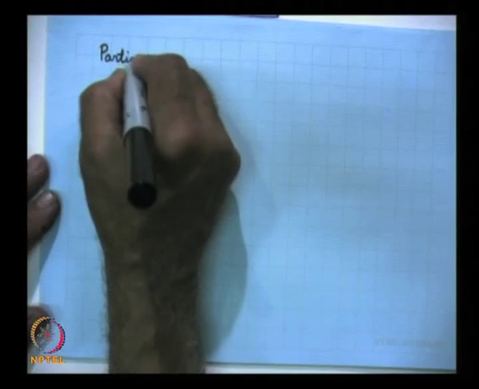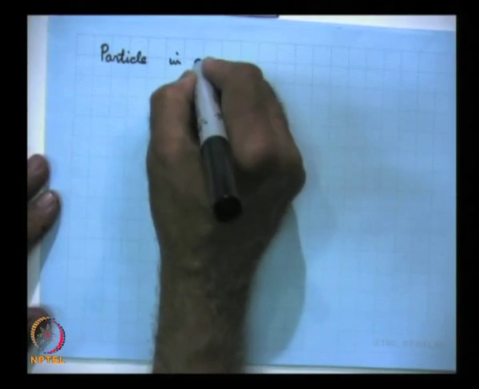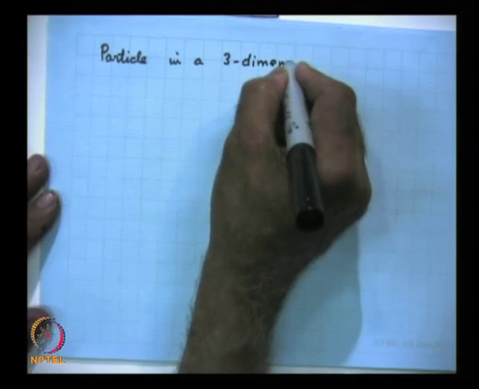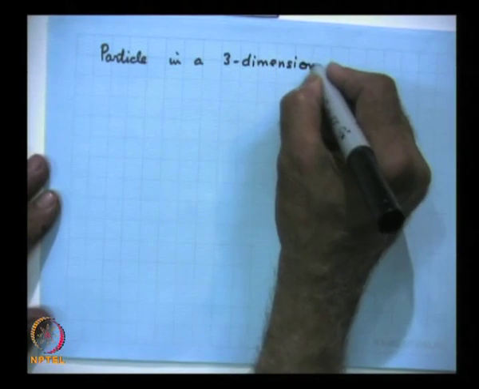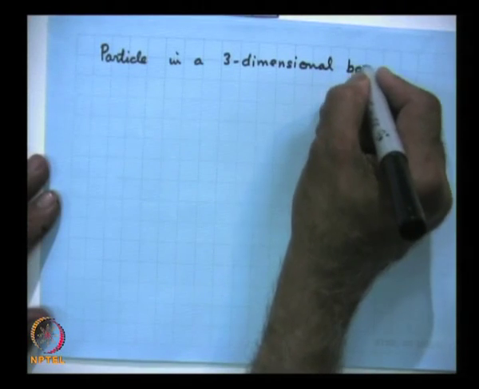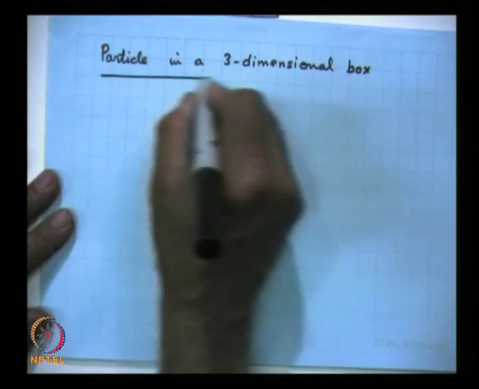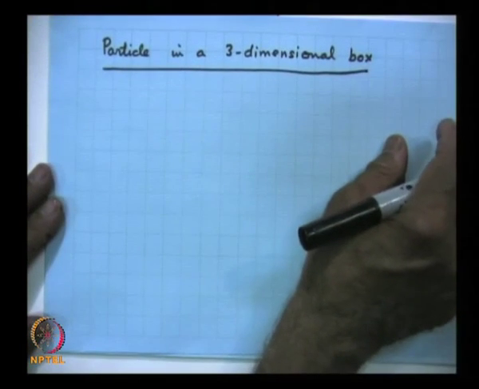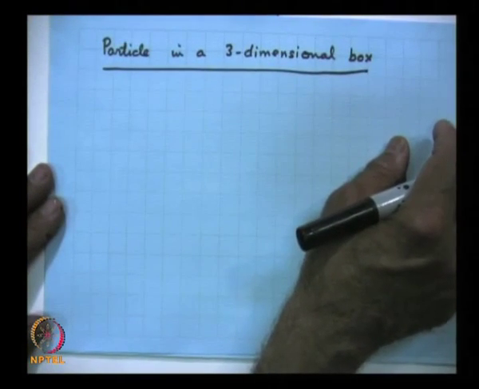So, we do the particle in a 3-dimensional box, and of course, we have to solve the 3-dimensional Schrodinger equation. This is probably the simplest and a very important solution of the Schrodinger equation.